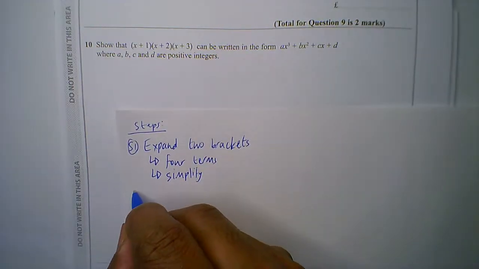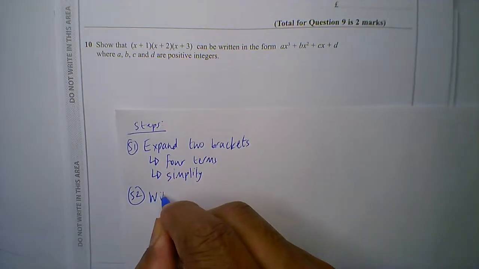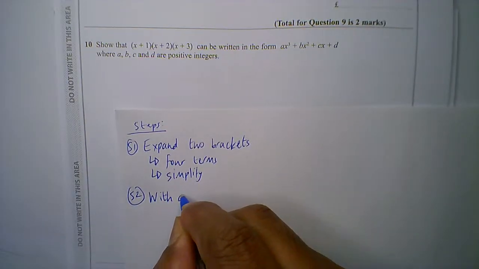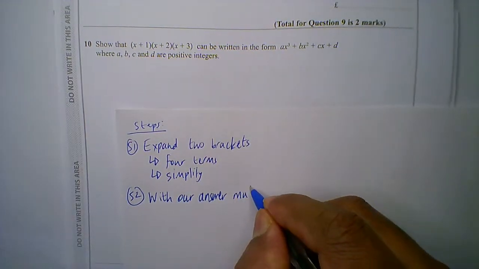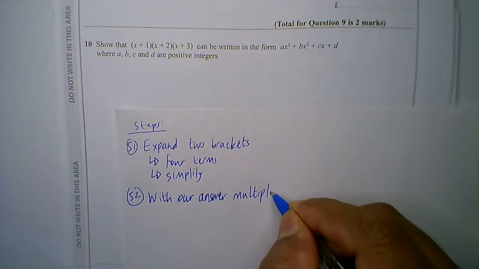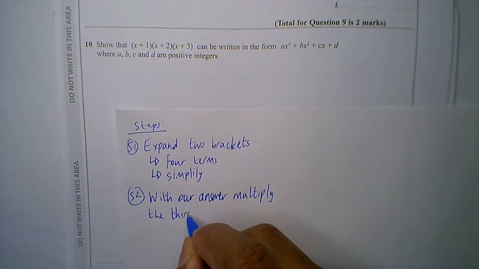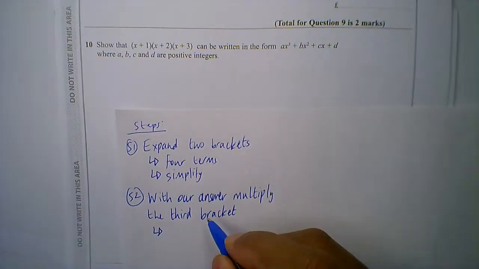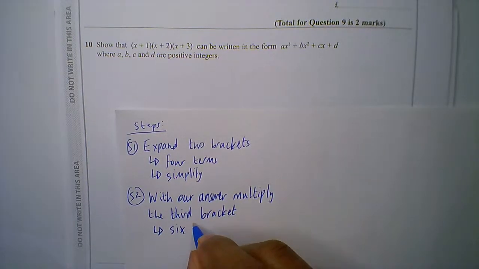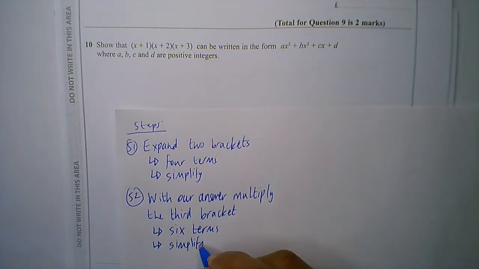Then our step 2 is we take the answer and multiply it by the third bracket. And we will get 6 terms. And then we simplify them. Okay, so those are our steps.